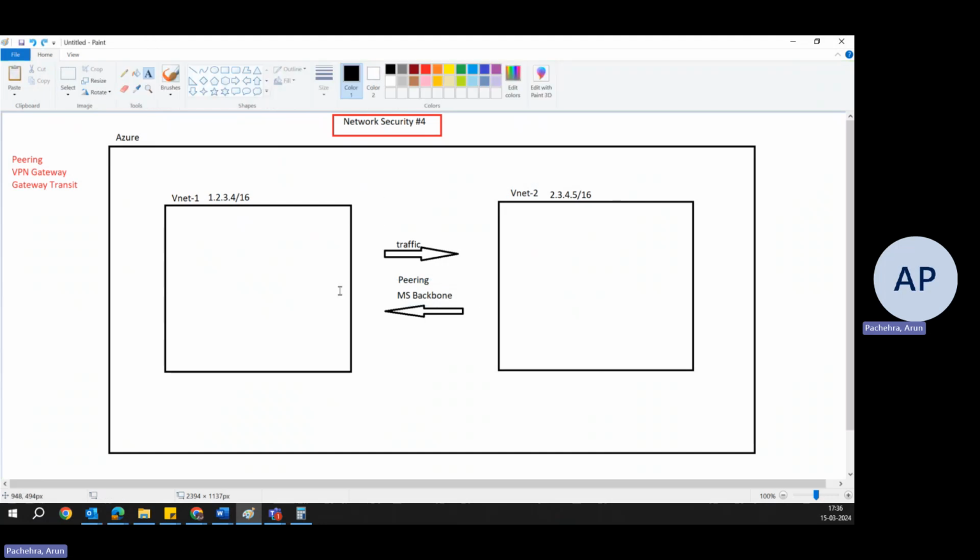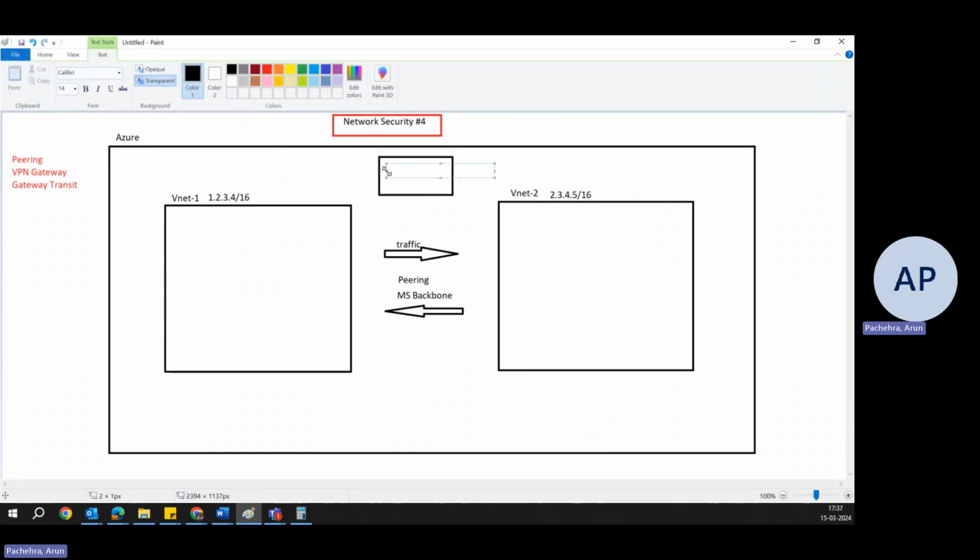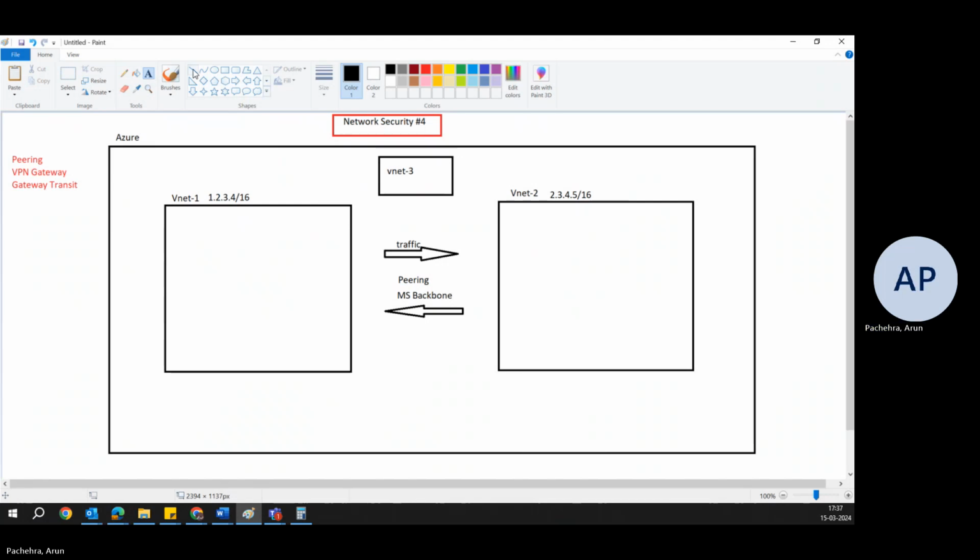Now, let's suppose there is another VNet here, and we call it VNet 3. Why am I creating this? Because this peering is a non-transitive relationship, meaning if VNet 1 is peered with VNet 2 and VNet 2 is peered with VNet 3, it doesn't mean VNet 3 can talk to VNet 1 directly.